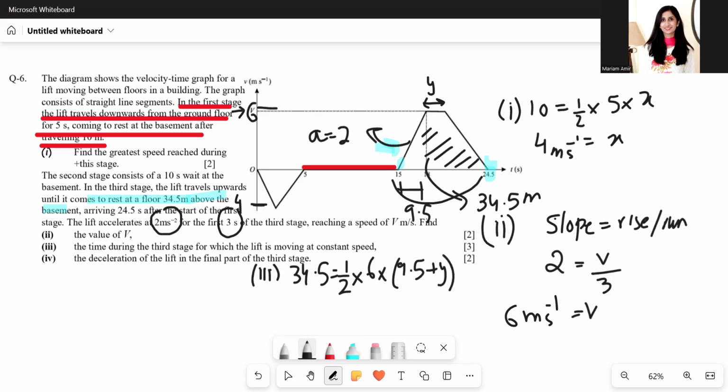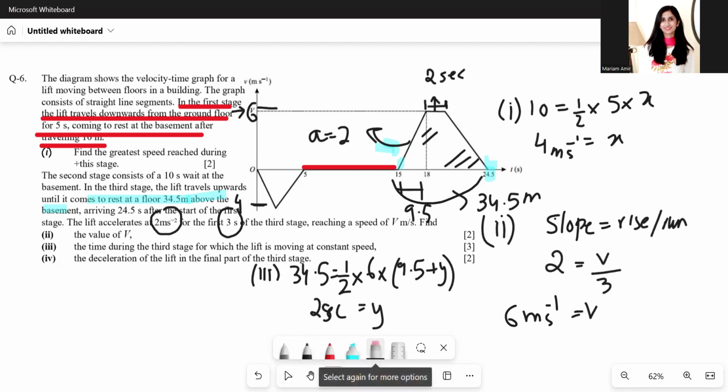Solve this and you get the required time, which would come out to be 2 seconds. So this is 2 seconds from here till here. Okay, which means that this would be 20 seconds here.